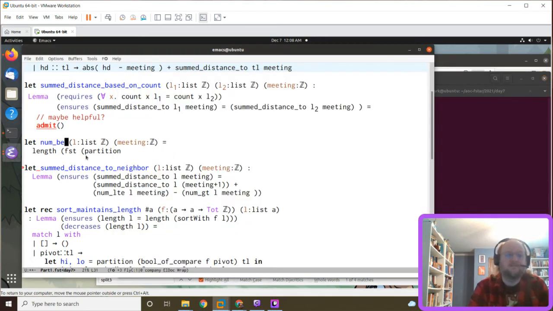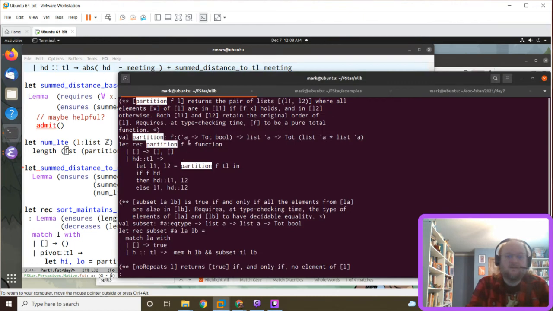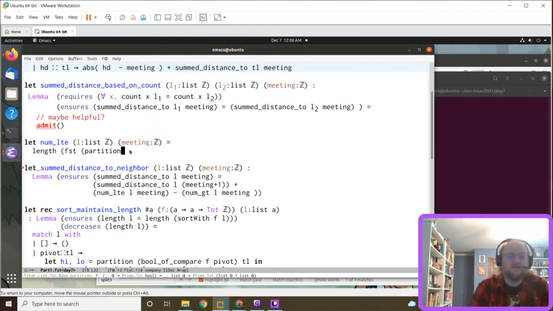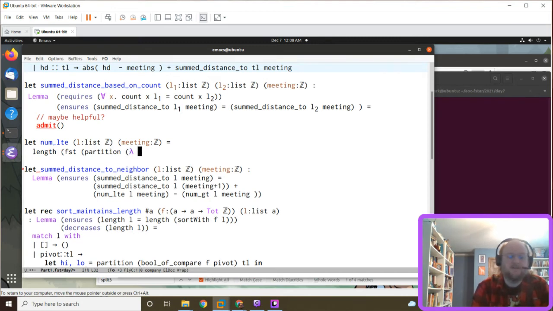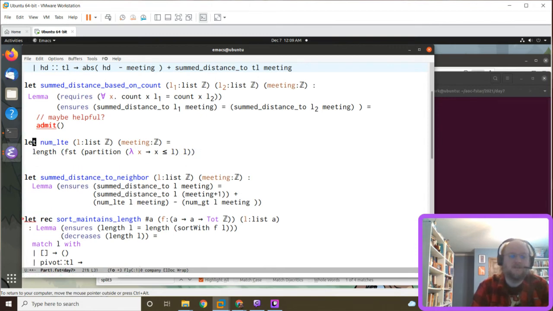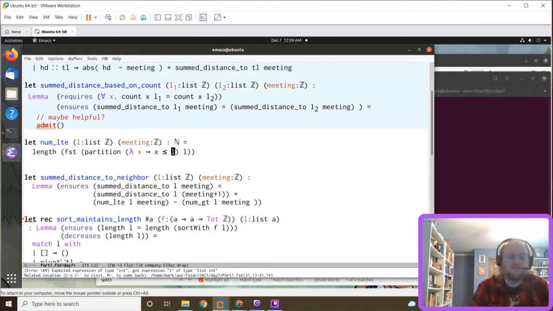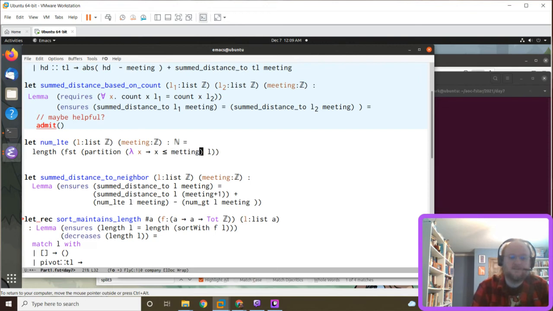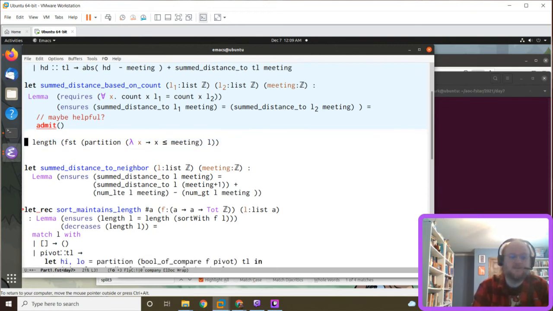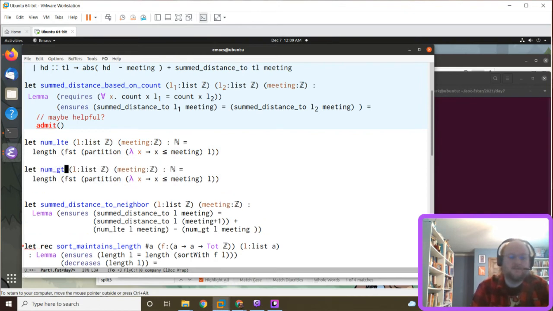All right, so num partition x less than or equal to L. This isn't really a partition anymore.